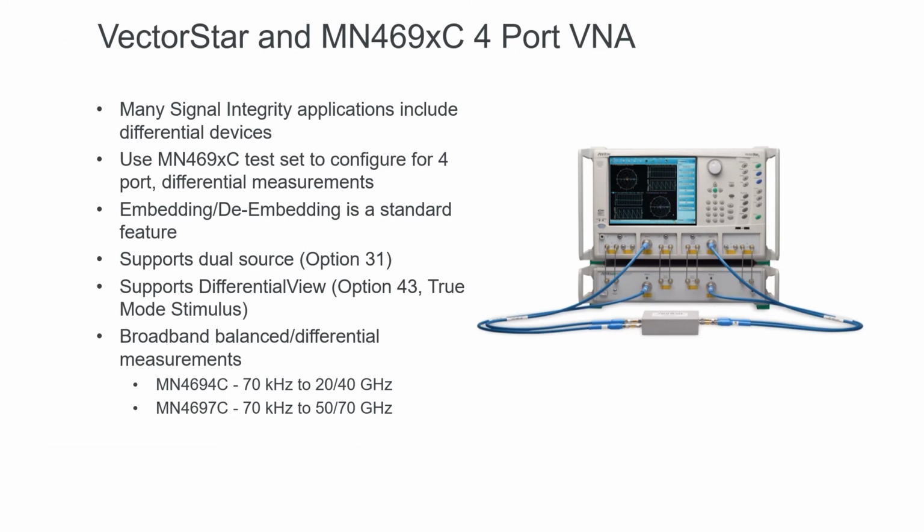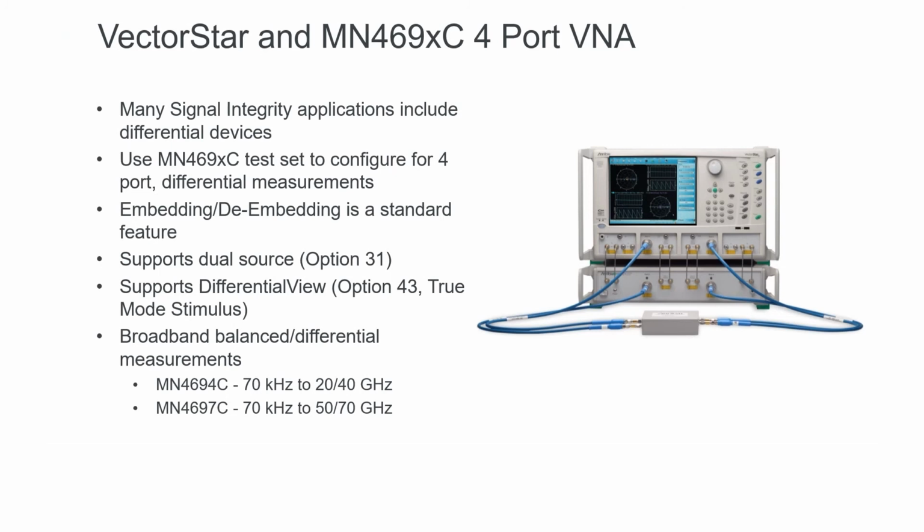In this case, since we're working with a passive device, we do not need true mode, since we're able to measure it with single-ended and then use the mathematical transformation to get our differential results. So we don't need multiple sources. A single source will allow us to make all of the necessary measurements for computing the differential S parameter results.